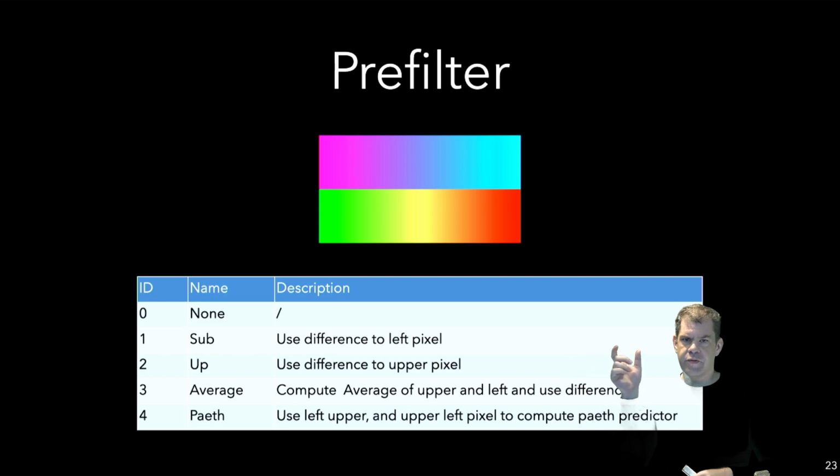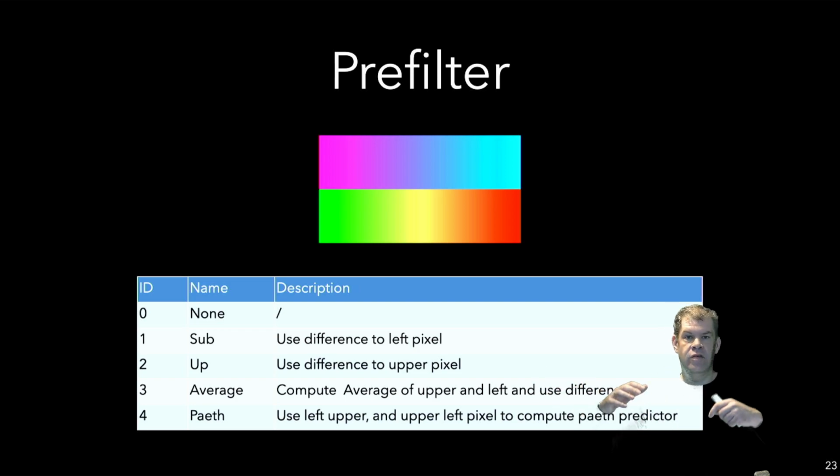So the difference between two values is likely to be way smaller than the values themselves. In particular for a gradient situation, this is going to be a small number. And for uniform values, if you have all, I don't know, all reds, and you compute the difference, well, this will all be 0, so perfect.